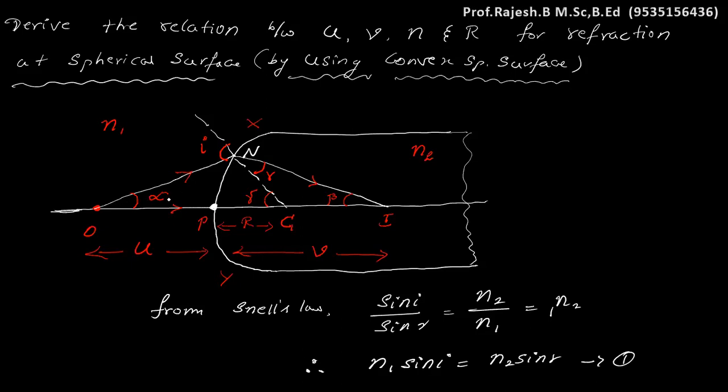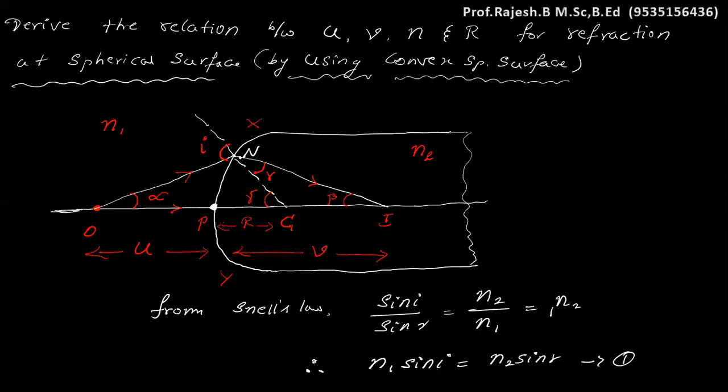In this triangle you can find the exterior angle, which is I, and the sum of the opposite interior angles is alpha plus gamma. Similarly, I can consider triangle CIN, where gamma is the exterior angle, so that will be equal to R plus beta.